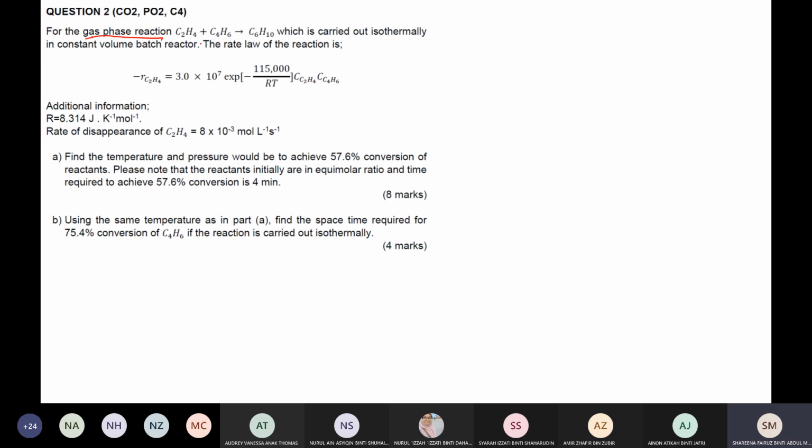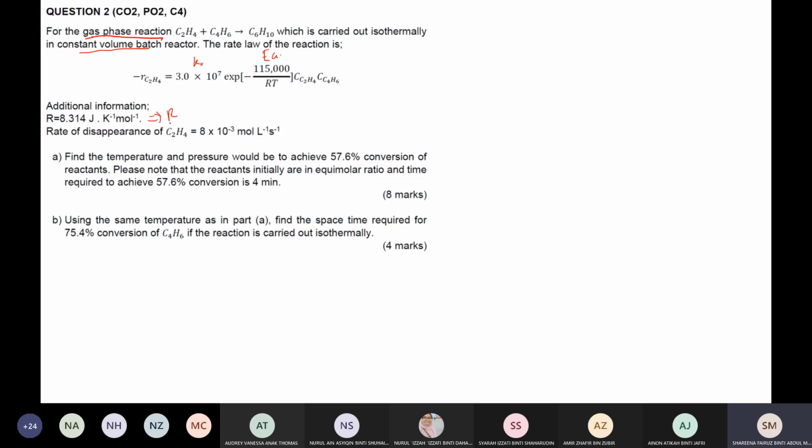Okay, then we have C2H4 plus C4H6 equal to C6H10, which is carried out isothermally in a constant volume batch reactor. The rate law of reaction is given. Okay, so dia dah bagi dah rate of reaction. Okay, so this will represent the K. Okay, and this will represent the K naught lah. Okay, so this is the E. Okay, and R is given juga, tak perlu cari.